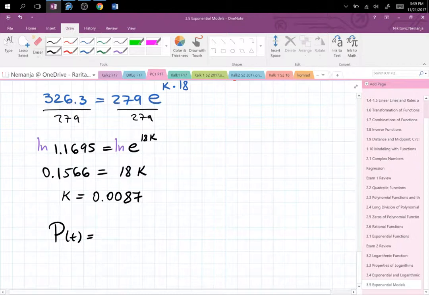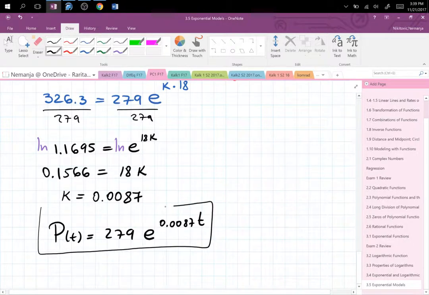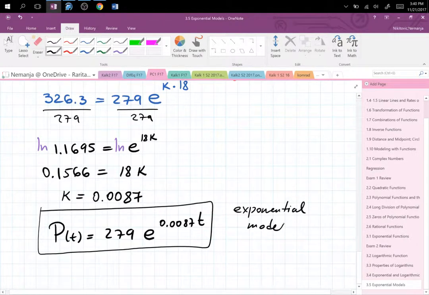P in time is P0, which was 279, times e to the 0.0087t. This over here is the exponential model for the US population.